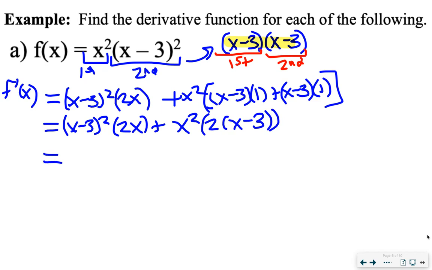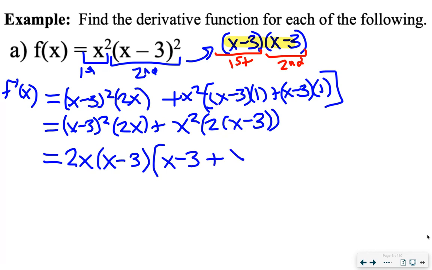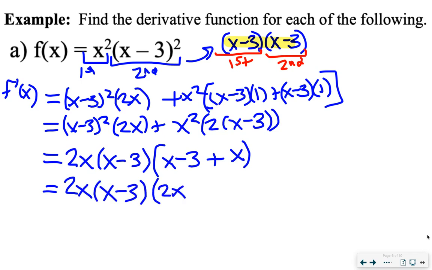I think I can take out a 2x and x minus 3 from everything there, which leaves me with x minus 3 plus x. So I'm getting 2x, x minus 3, times 2x minus 3. And there is my nice simplified derivative.